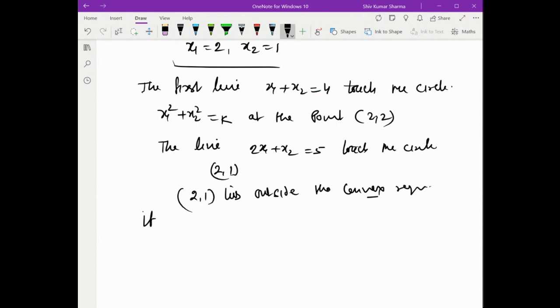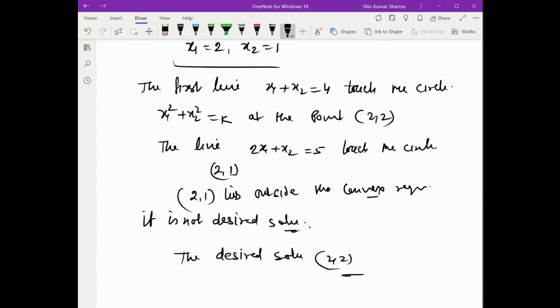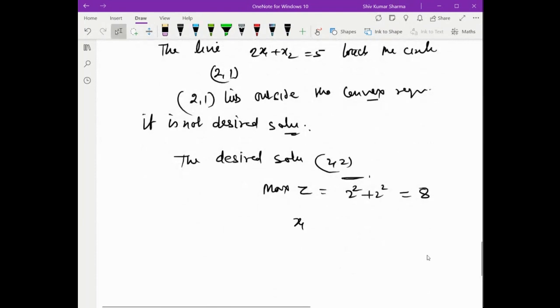So it is not a desired solution. So the desired solution is 2 comma 2. So maximum z equal to 2 square plus 2 square is equal to 8, for the value x1 equal to 2 and x2 equal to 2.